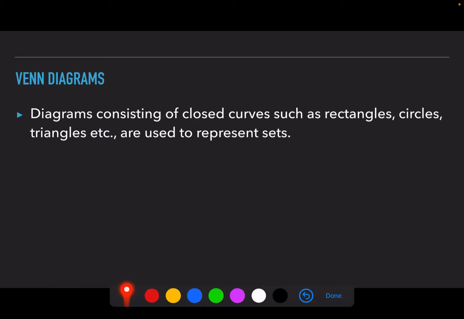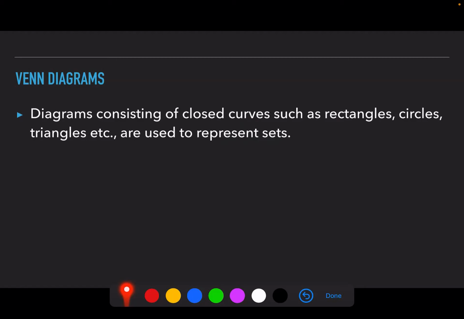You usually use closed curves, such as rectangles, circles, triangles, and these closed curves are used to represent sets. So you are learning some kind of representation.